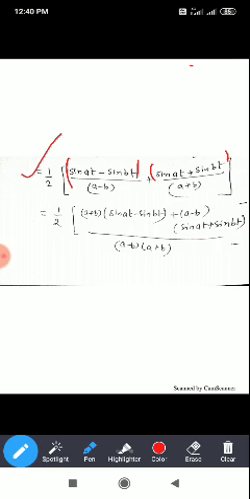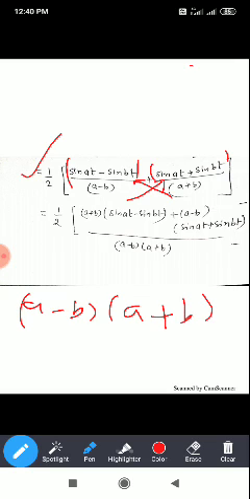After simplifying, taking LCM and simplifying, this is equal to 1/2 [(a+b) sin at − sin bt + (a−b) sin at + sin bt] upon (a−b)(a+b). But we know that (a−b)(a+b) equals a² − b².